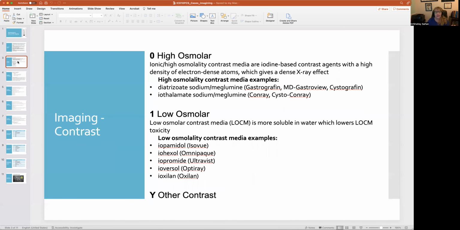Now, the next thing that you need to know in order to find the correct character in reporting ICD-10 PCS, procedure coding system, okay, is the contrast.